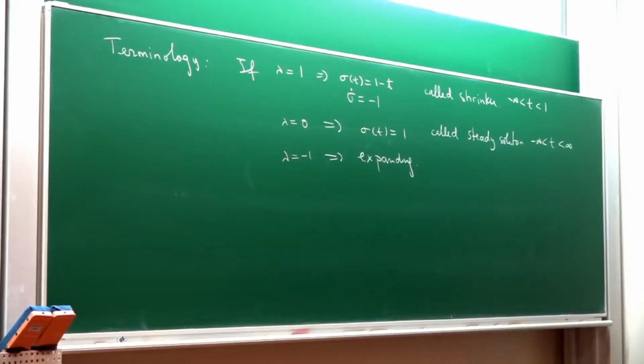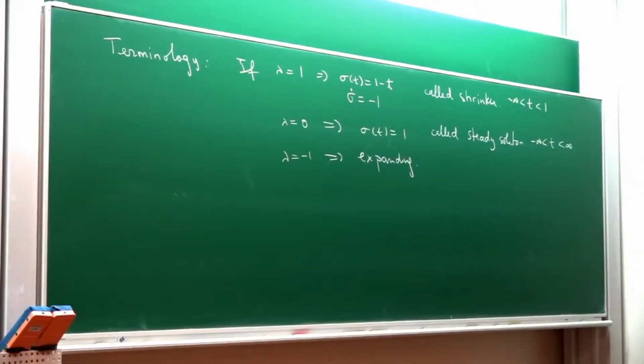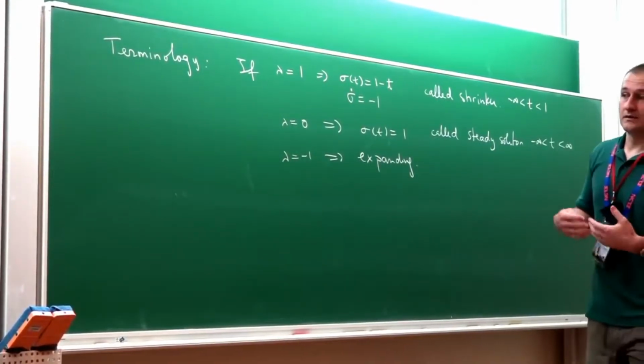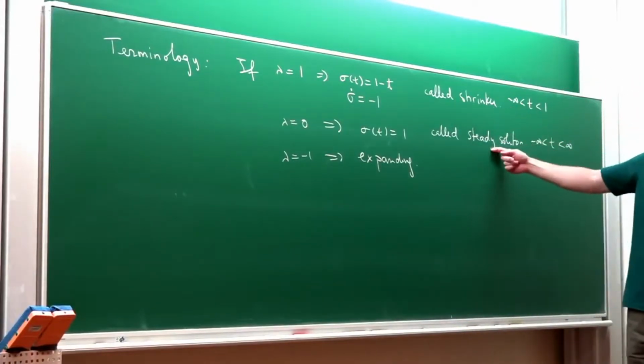So I'm leaving expanding out of the topics because there's not enough time to cover it, but also because these two are much more important. The reason we studied them is in the singularity analysis of the Ricci flow. The possible singularities are modeled either by this one or this one.